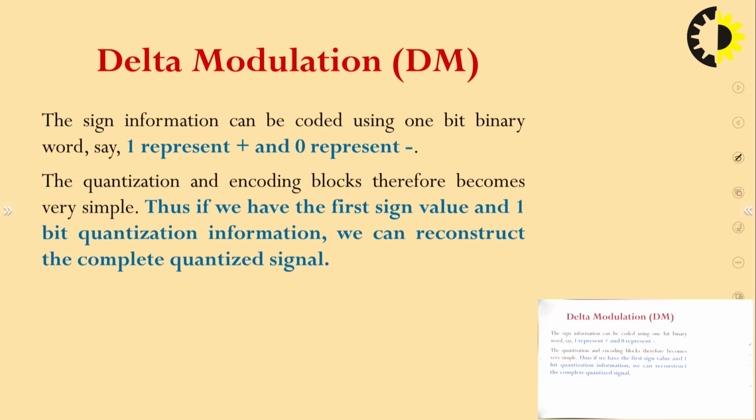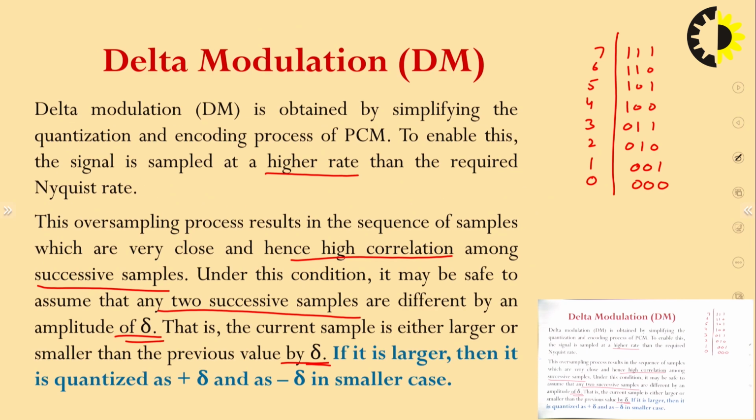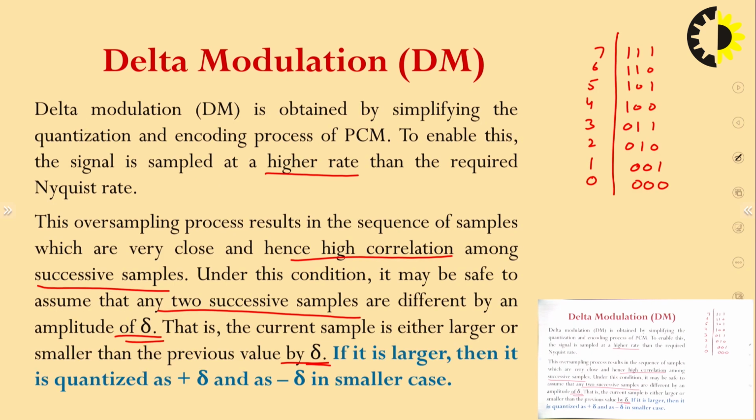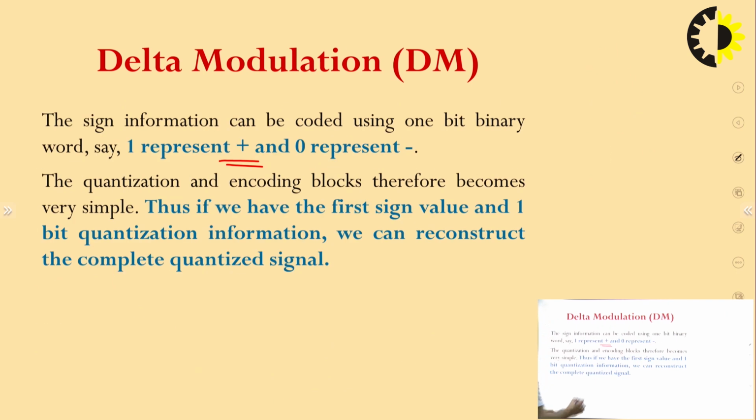Now if we have to transmit this information, then if the next sample is greater than the previous sample by a value delta, then it may be considered as positive, and if the next sample is smaller than the current sample, then it may be represented as 0.